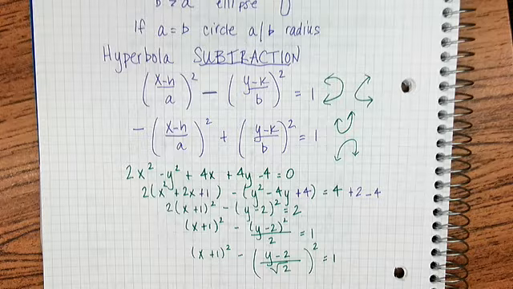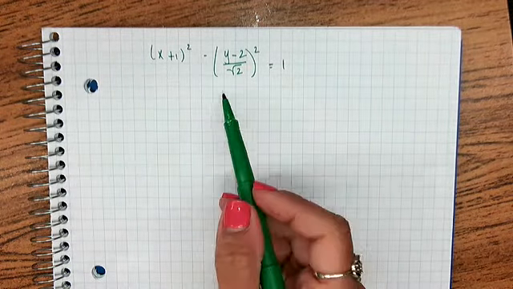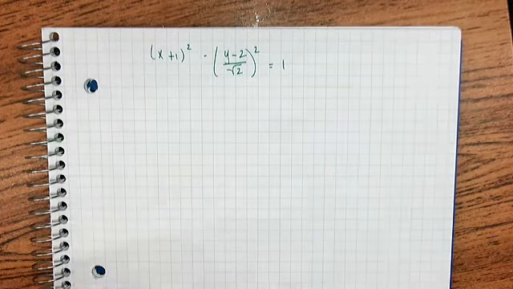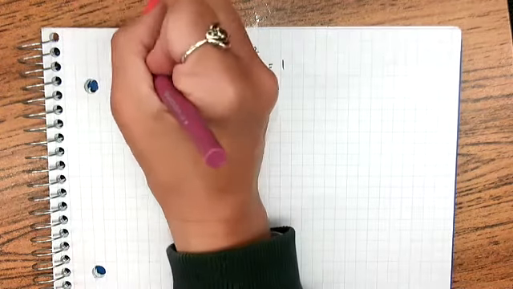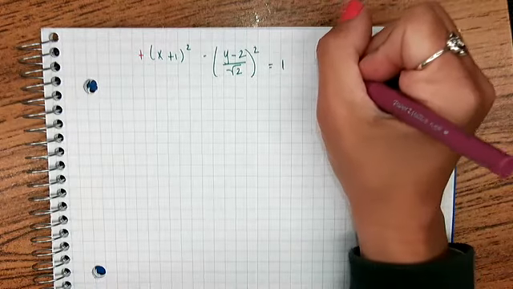Okay. Good news is this hyperbola opens in the x direction, so I'm not going to have to use that root 2 very much. Okay, so x is positive. So this is going to open in the x direction.